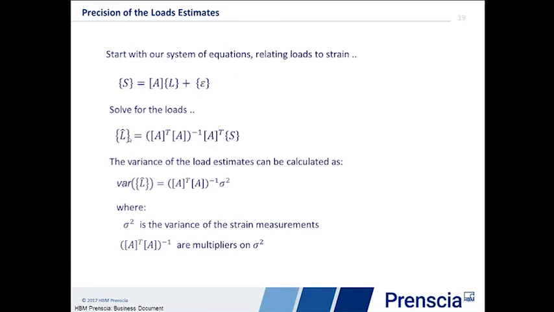What we can do here is take and replace strains in this equation, the vector S, with the term from above. So now I have a large equation that relates loads, both the estimated and the real loads, with respect to the error estimates in the strains and the sensitivity matrix.